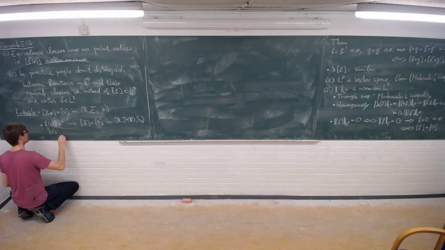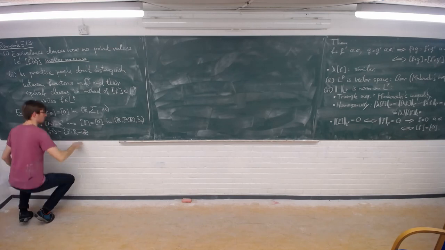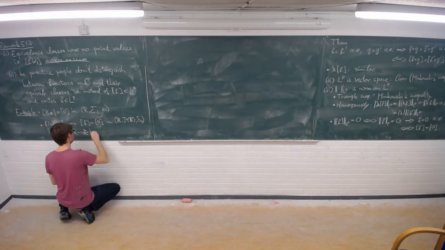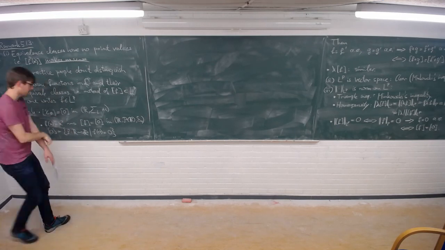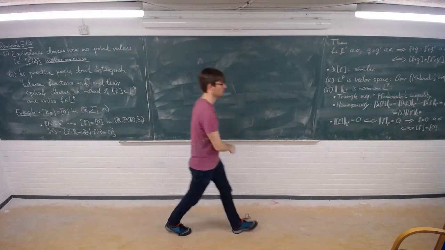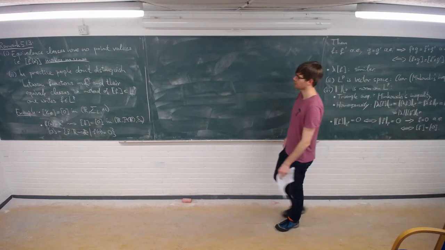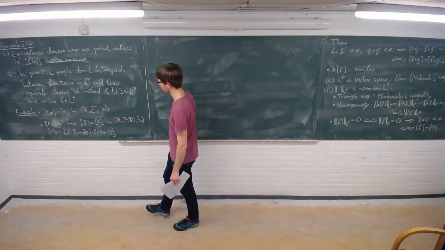So the equivalence class of 0 is just the set of all functions which are 0 at 0. So maybe this gives some intuition into how these new LP spaces work.